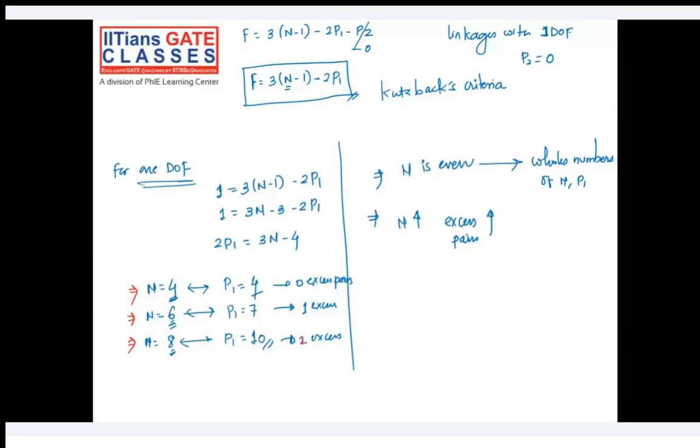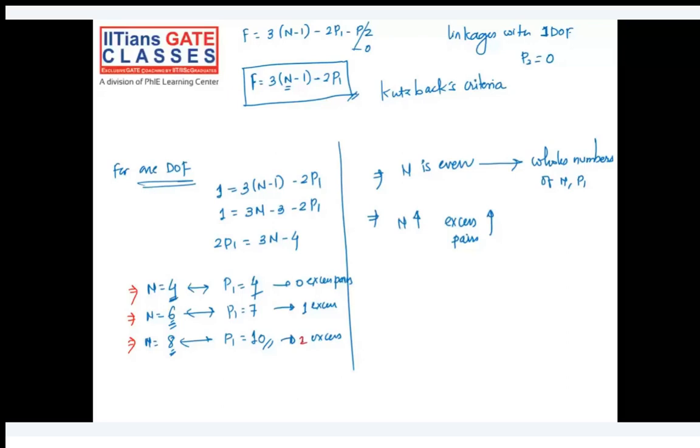if we want a mechanism with a single degree of freedom, and we increase the number of links from 4 to a higher number, the number of pairs will not increase in that fashion. What will happen? Let's say 4, 6, 8, the number of pairs will not increase as 4, 6, 8, they'll increase as 4, 7, 10. At every step we are going to add one more excess pair.